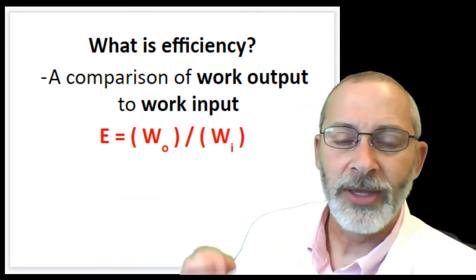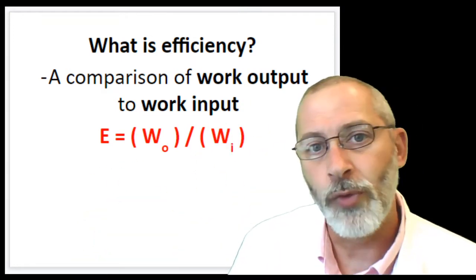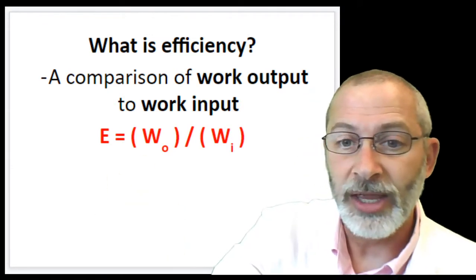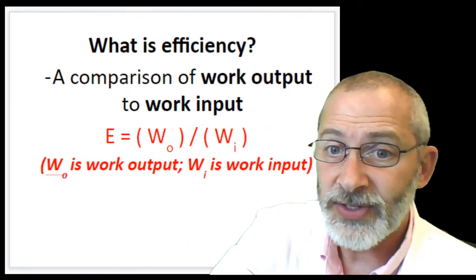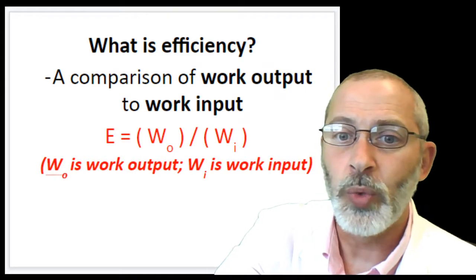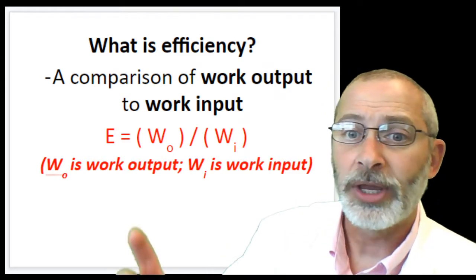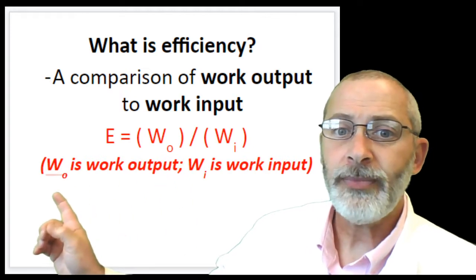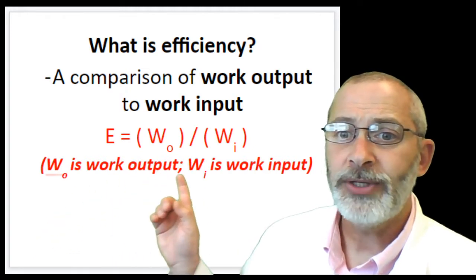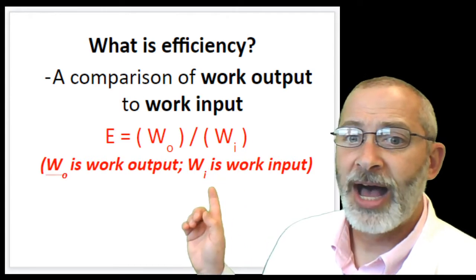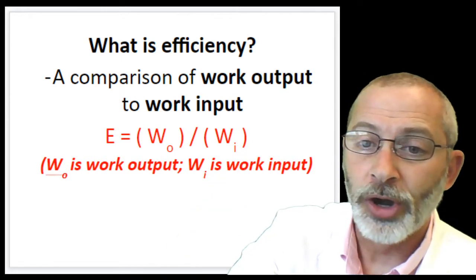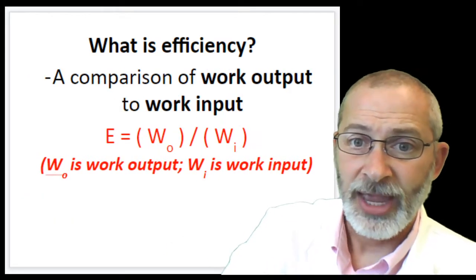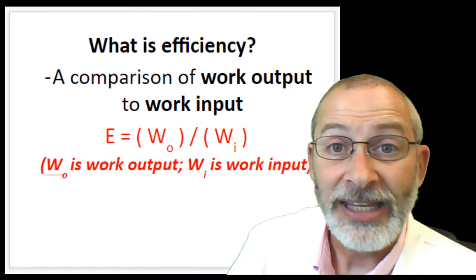E = W_o / W_i is the correct formula for efficiency, where efficiency is again compared to work output and work input. The W sub O stands for the work output. W sub I stands for the work input. And E stands for efficiency.